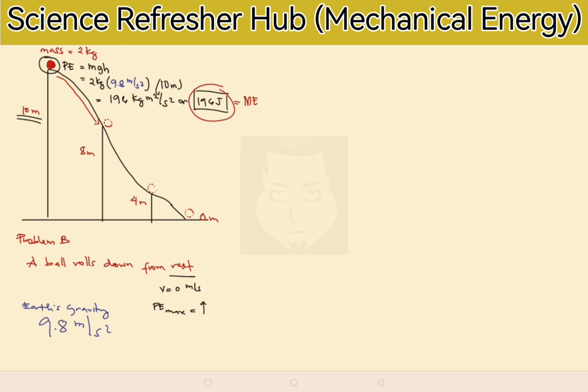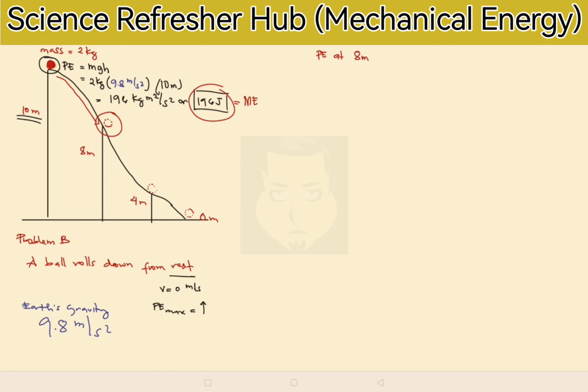Anyway, if the ball is at this position, what is going to be, let's say, the potential energy? Potential energy at 8 meter.